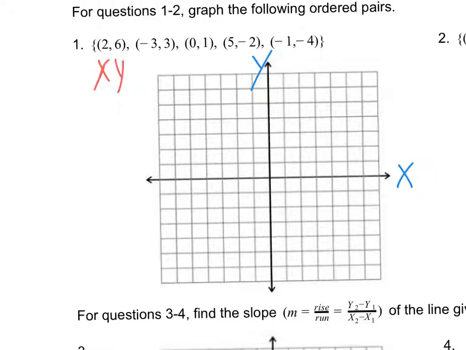So the x coordinate is 2 and the y coordinate is 6. In order to find the location of this point, we're going to express it with a dot on the coordinate plane. On the x-axis we have values. Here's 0, 0, and if I go to the right one, that's positive 1, or if I go to the left one, that's negative 1.